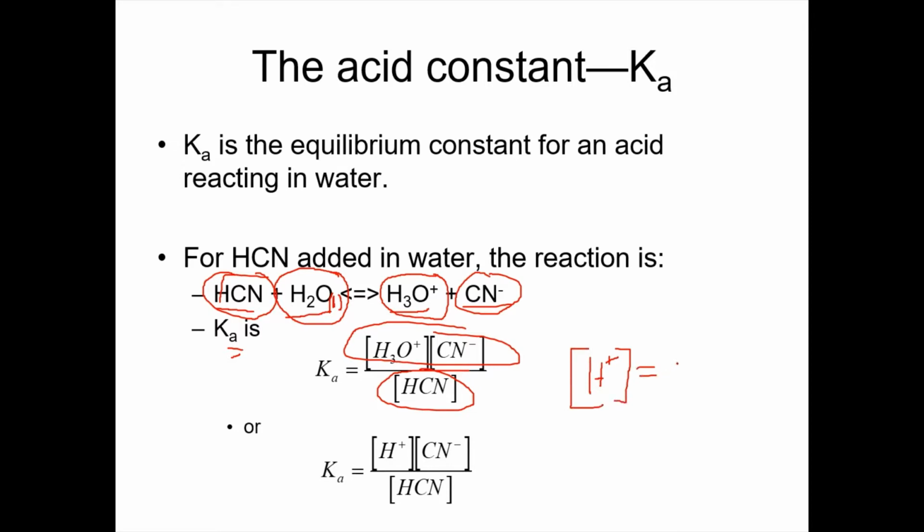H plus is the same as H3O plus, really. Because really H3O plus is this H plus piggybacked on a water molecule. So either way, these two values would be the same. All right, one way or the other.